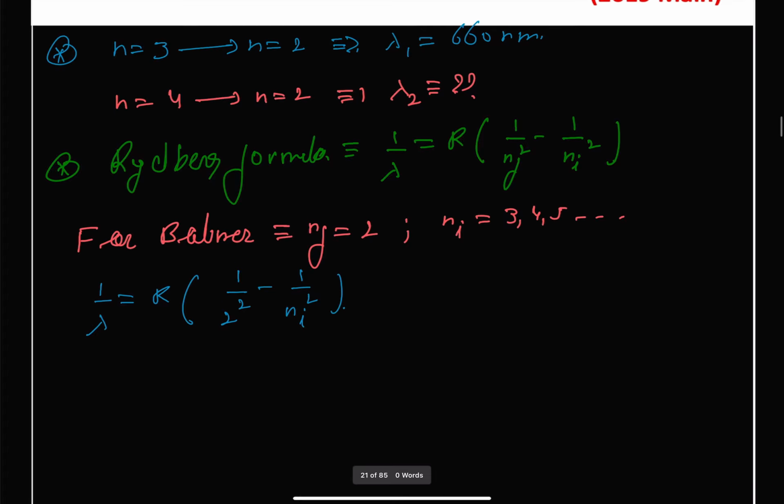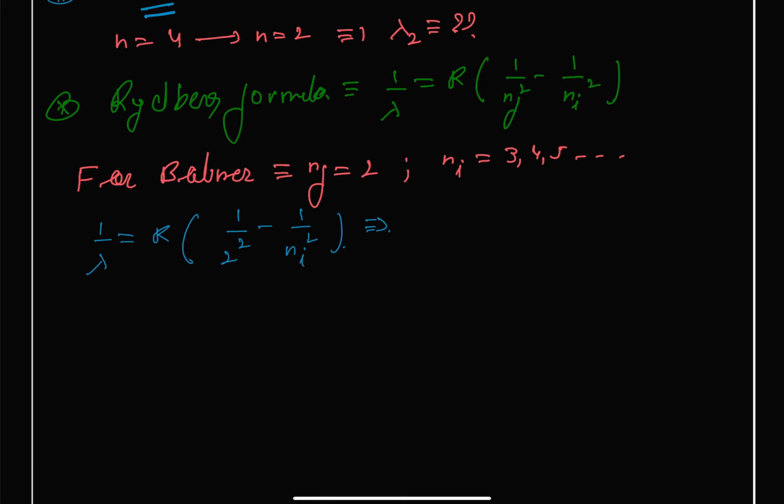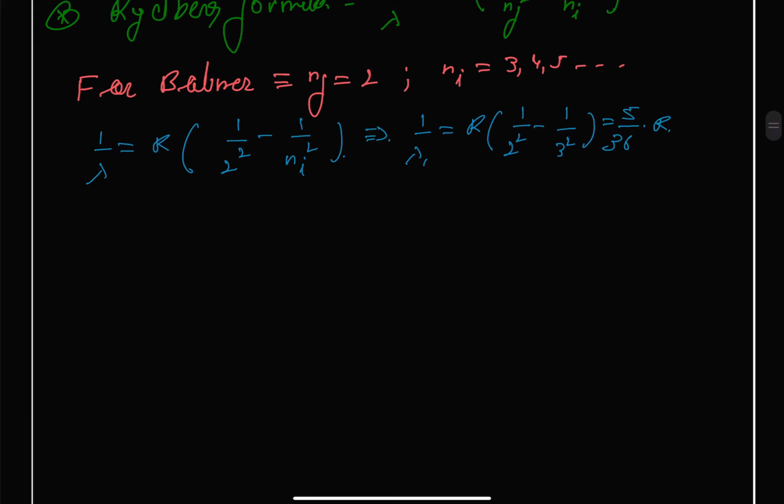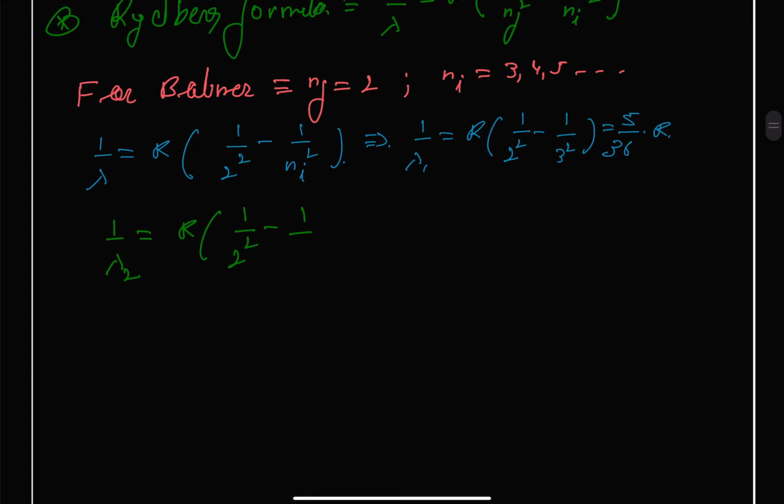We have two wavelengths, one is lambda 1, where the initial is 3, so we get 1 upon lambda 1 is equal to R times 1 upon 2 square minus 1 upon 3 square, and this comes as 5 upon 36 times R. Similarly, we can write 1 upon lambda 2 is equal to R times 1 upon 2 square minus 1 upon 4 square, which will be equal to 3 by 16 times R.